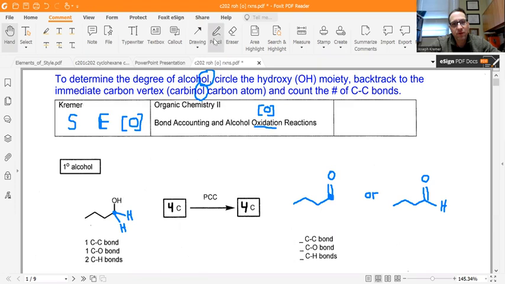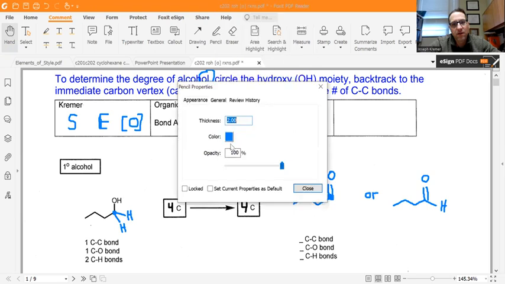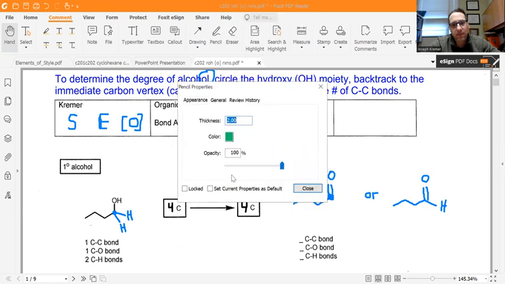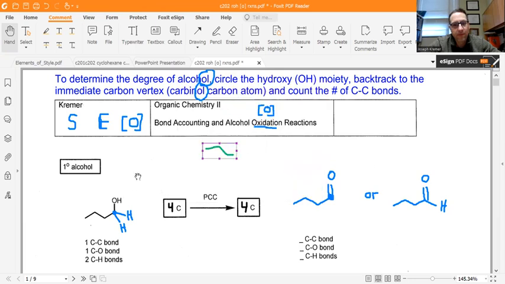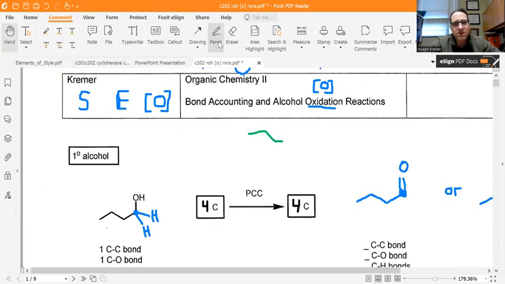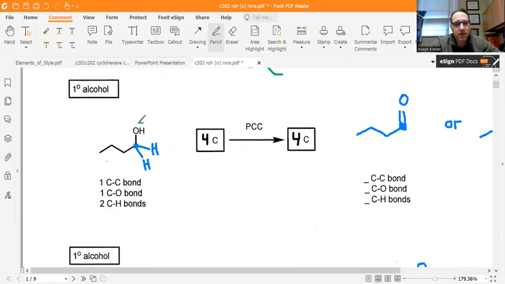See if I can do a quick representation of this here. And zoom in, will you? For a 1 degree alcohol, why is this a 1 degree alcohol? Circle the hydroxy group, backtrack to the carbon, and count the number of carbon-carbon bonds.